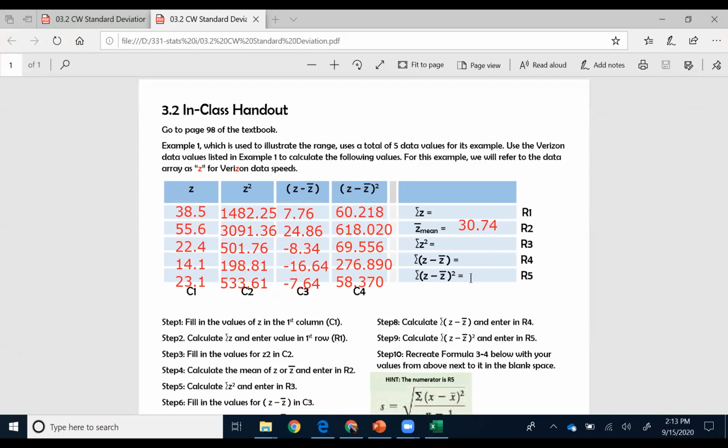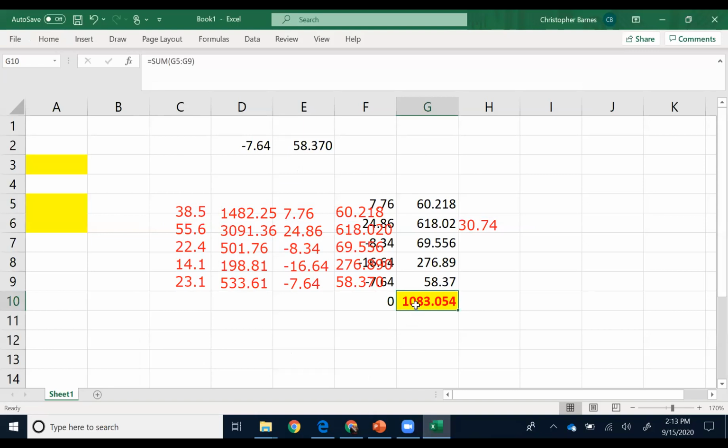What we do here, move this out of my way, we're going to sum that column. The sum of z minus z bar squared. That value we just figured out right here, and that's 1083.054.